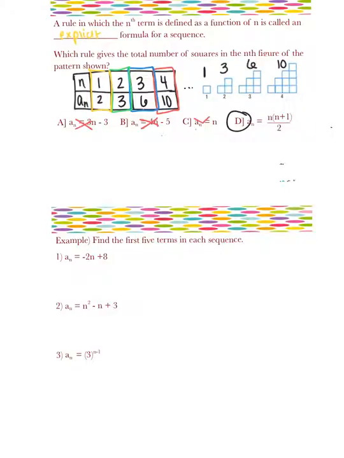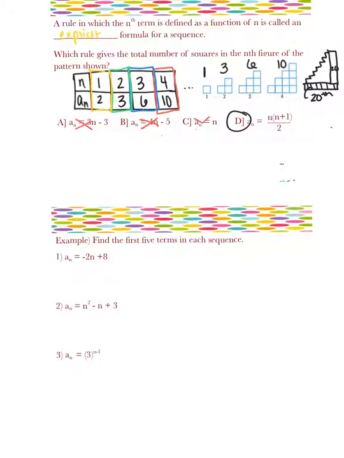So imagine in my 20th figure, that would mean I'd have 20 squares here. I'm not going to be able to draw 20, but there's 20. And then it would look like this, ladder going up, where I'd also have 20 on this side.